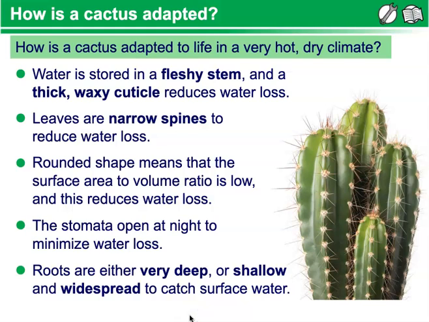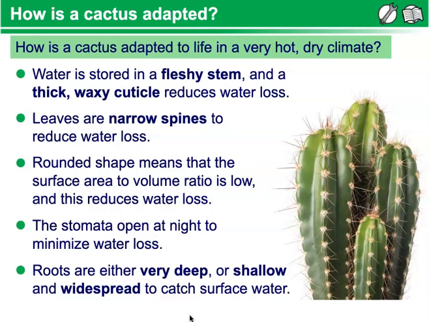So how is a cactus adapted to its specific environment, to that very hot, dry climate in which it lives? Water is stored in a fleshy stem, and they have a thick, waxy cuticle that helps to reduce water loss. Their leaves are narrow spines to reduce water loss.